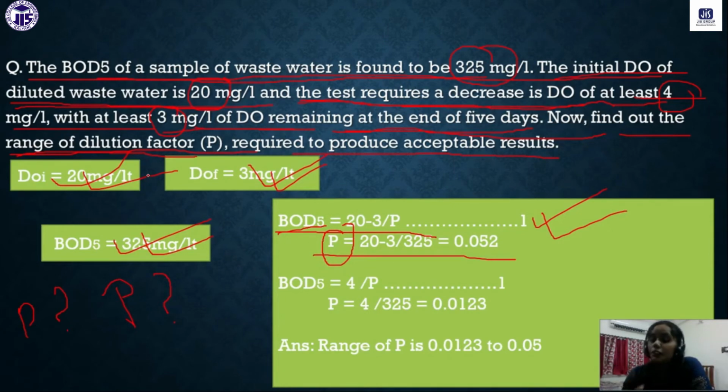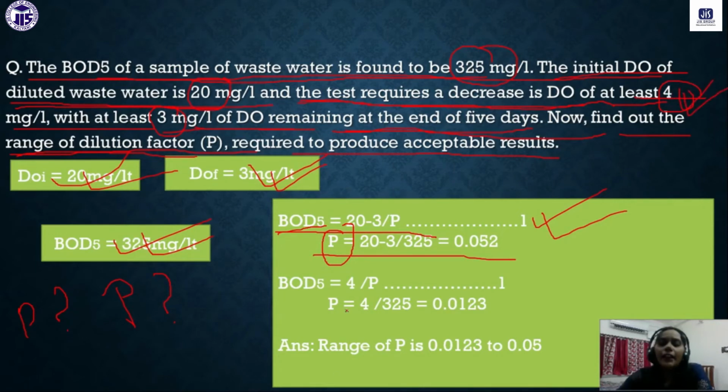Again, decrease of dissolved oxygen, drop of dissolved oxygen, as we have seen in the earlier question. So here also 4 milligram is the drop of dissolved oxygen. That means that is initial value minus final value. If we do that, then we will get the decrease of dissolved oxygen, which is 4.